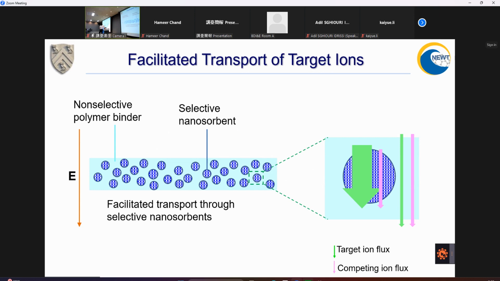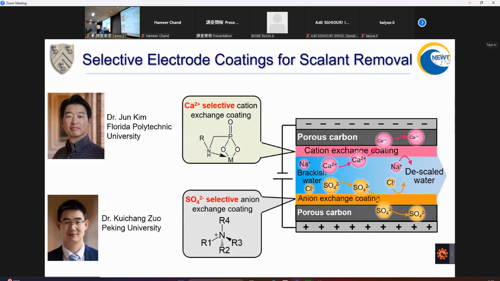This is something that I don't have time to talk about today, but we are actively working on some very good solutions to this. This is why sometimes you will use a sorbent that has very high selectivity, but once you put it into this nanocomposite coating, you see only a small improvement in selectivity, because your transport through the substrate is actually faster than the transport through these nanosorbents. And we do have a solution to that.